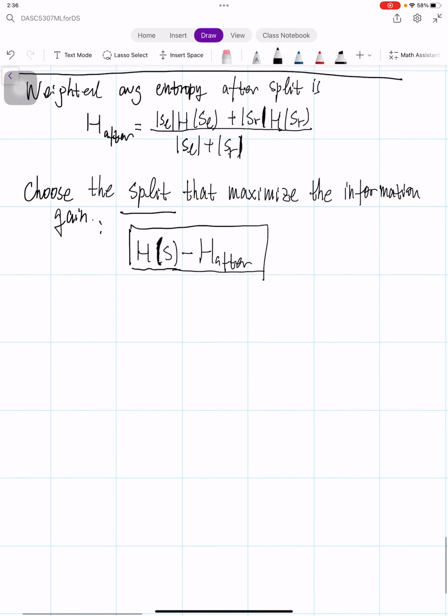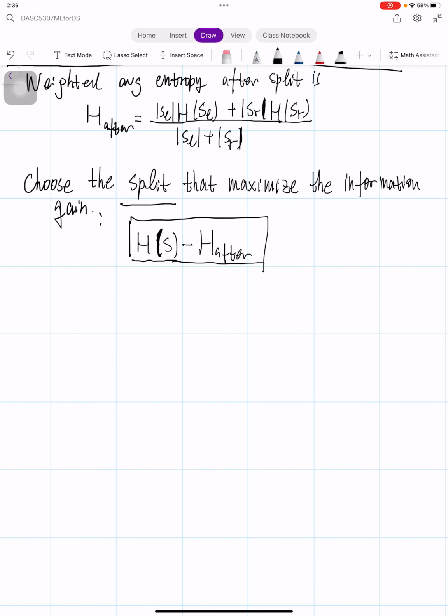Maybe let's see one more example here. Suppose now we have the initial parent node.